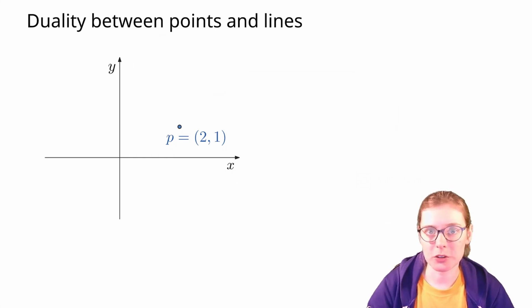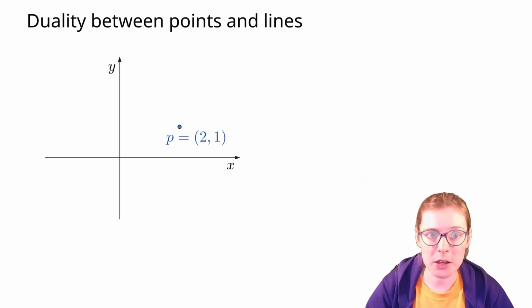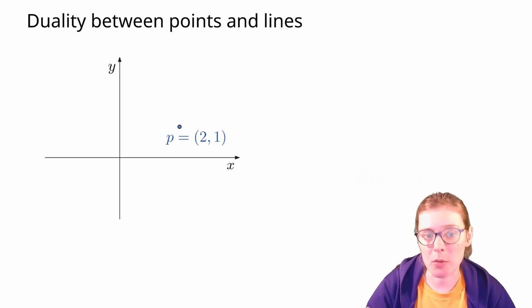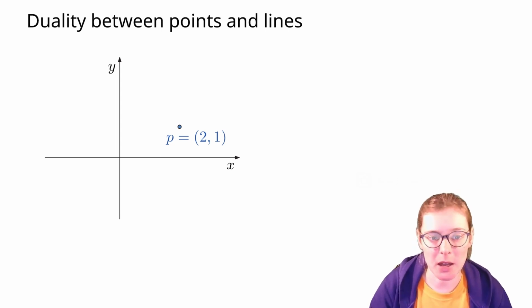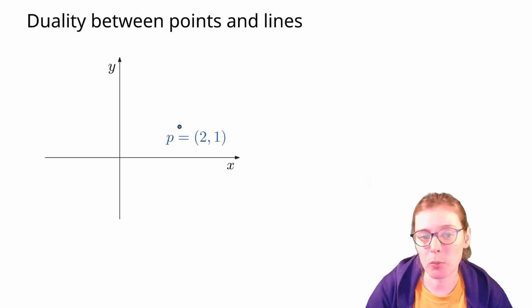In this video, we will introduce the notion of geometric duality and we will learn about some of its properties. We'll start with a plane and a system of coordinates in it, x, y, and let's consider a point P in it. And just for example, let's say that the coordinates of P are 2 and 1.